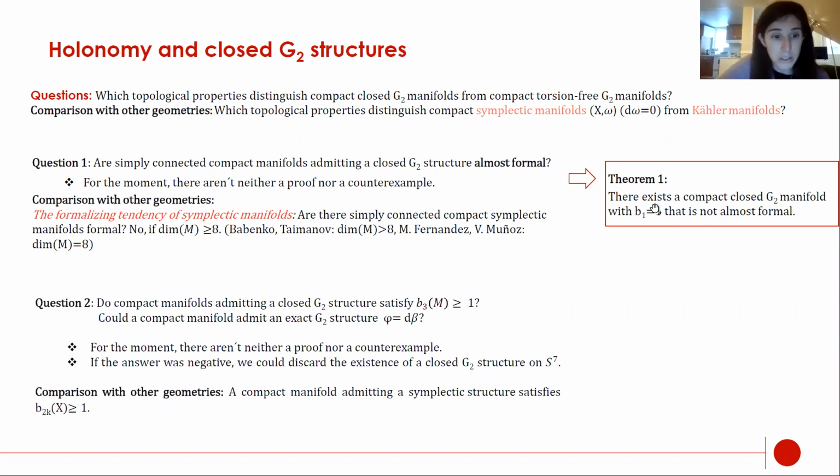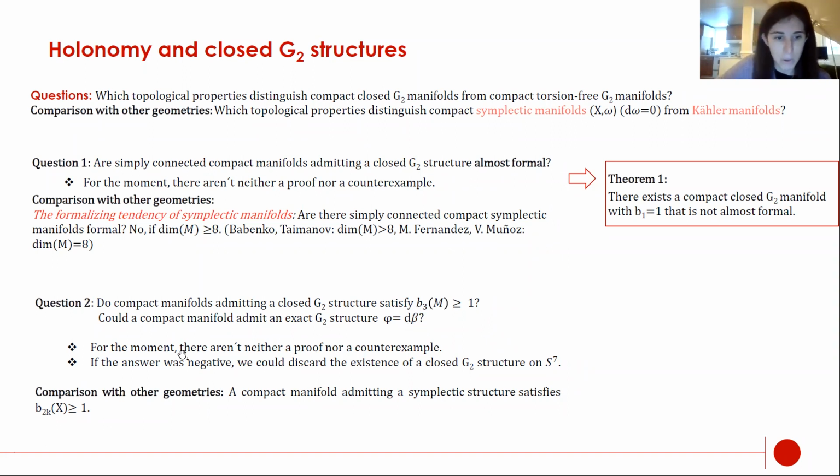And the second question is, do compact manifolds admitting a closed-G2 structure satisfy that the third Betti number is positive? Or more generally, since the known cohomology class is determined by the three form in the torsion-free case, could a compact manifold admit an exact G2 structure, that is the three form being closed but also being exact, the differential of a two form?